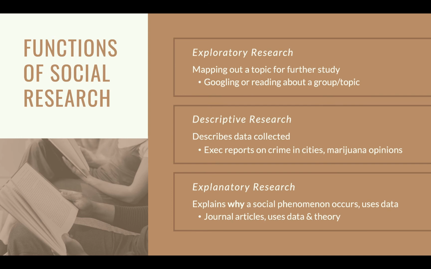In a descriptive research report, we would not be developing explanations for the things we're finding. We're just reporting them and saying, this is what it is. Explanatory research, like what we do, appears in journal articles, and uses data and theory to explain why this player had these numbers. We're looking for explanations. Explanatory research is what we do as social scientists.